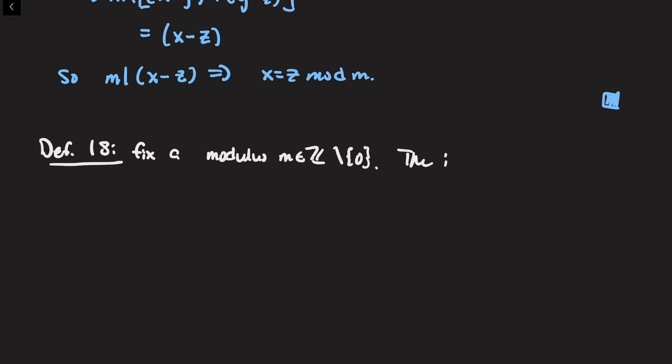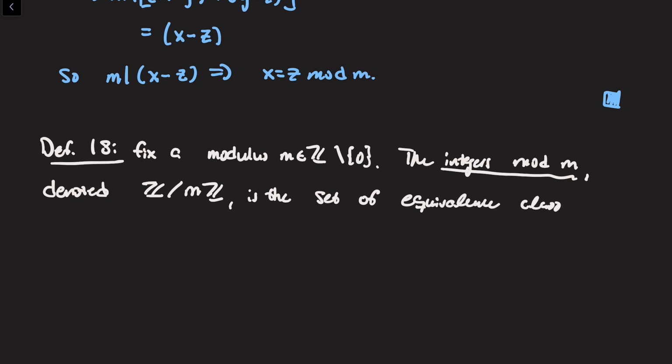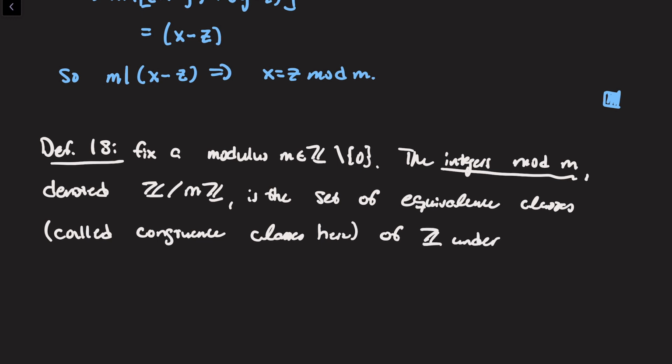The integers mod m, let's denote it like this, is the set of equivalence classes, or the set of congruence classes, as we call them, for this relation, of the integers modulo m, under the equivalence relation, congruence modulo m.